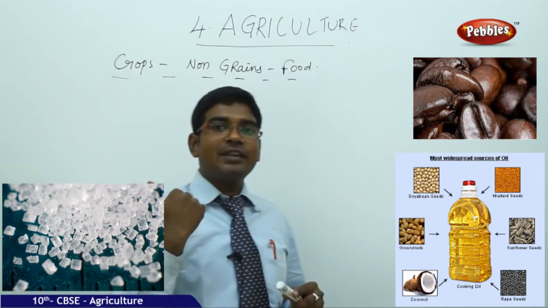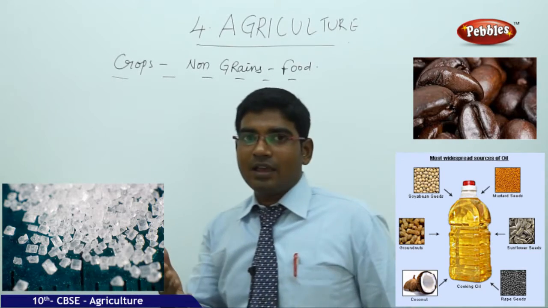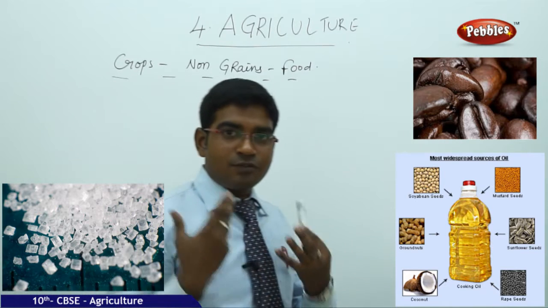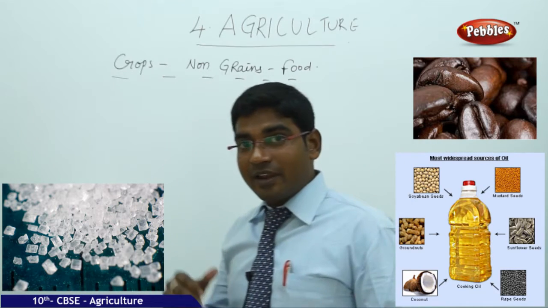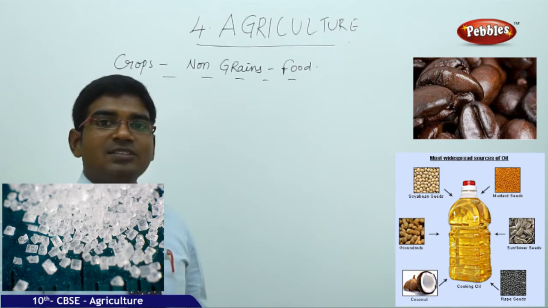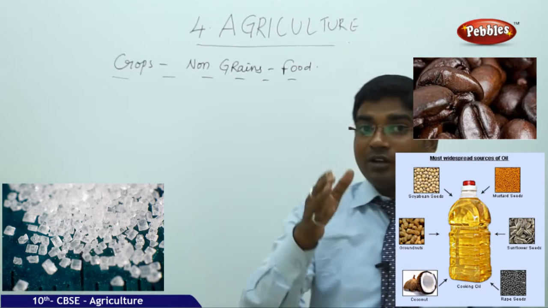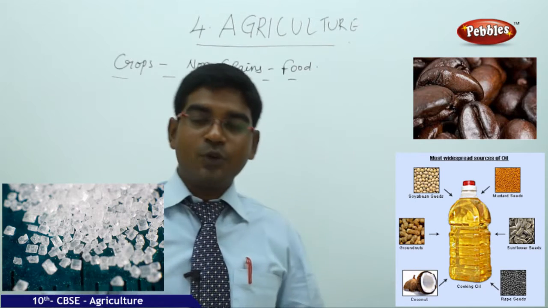In South India we get the remembrance of rice. Other than the food crops, we also have the non-grains, like vegetables, fruits, and sugarcane. We have various others, tea, coffee, all these things which we consume are called food non-grain crops. So the food non-grain crops are also produced in India.